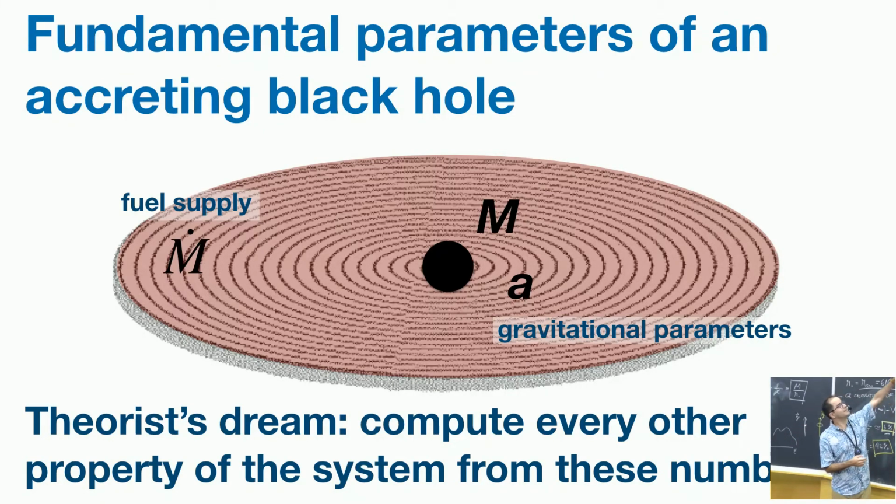This is the idealized view of an accretion disk, but real accretion disks are inhomogeneous. They are not perfectly spherically symmetric. Not spherical, not even axially symmetric, it's also not perfect.